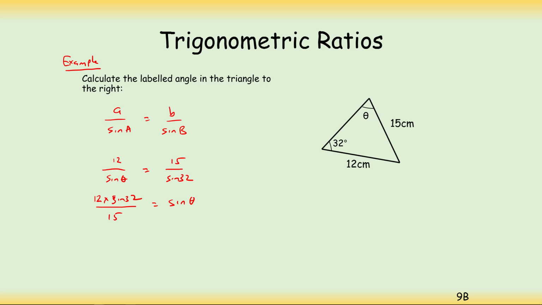If I work that out in my calculator, sine theta is going to be equal to, and I hope you're going to have a go at this, 0.4239, and to get theta, the angle, that's equal to sine to the minus 1 of 0.4239, which is 25.08 degrees.